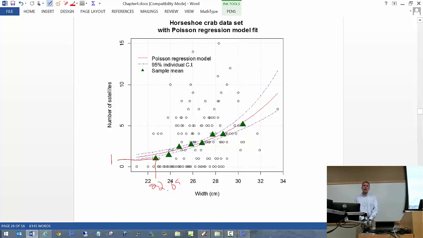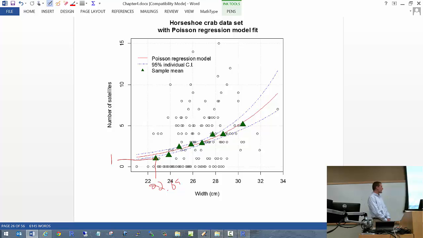And so what we are trying to do here is look, are the green points close to the red line? If they are, that's kind of an ad hoc way to say, yeah, your model makes sense. It seems like it's doing what it's supposed to be doing. If the green points are not close to the red line, then you might start to worry about the model's fit. So what do you think here?